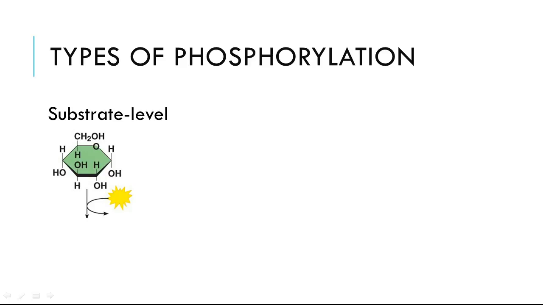So ATP can phosphorylate glucose. We'll come back to that. If ATP phosphorylates something, ATP itself turns into ADP because it has just become dephosphorylated. Okay, so if I take a phosphate off of it, I have dephosphorylated it.